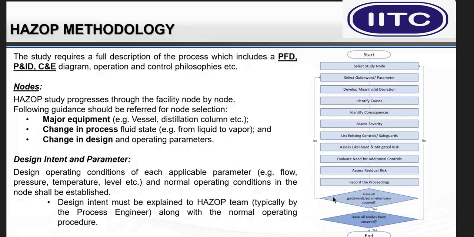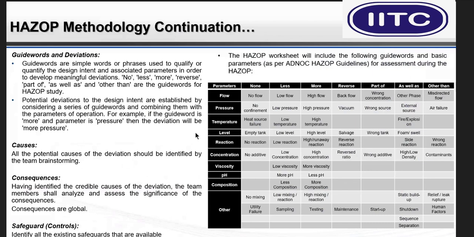If you have any questions, definitely please feel free to ask me. And of course, we are going to use the guide words. To conduct the HAZOP, if you see on the right side here, where I am putting my cursor, there are process parameters like pressure, temperature, flow, level, and so on. And on the other side, there is what we sometimes call a secondary guideword, like no, none, less, more, reverse, something like that.